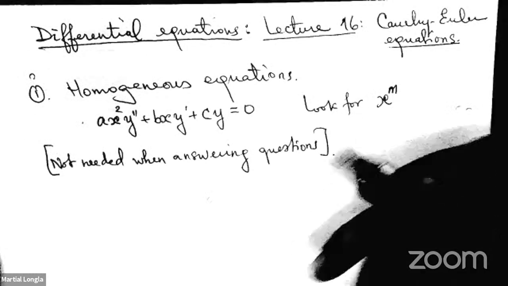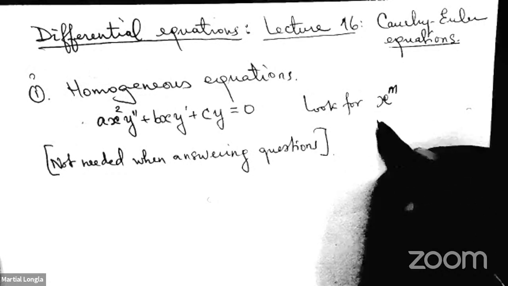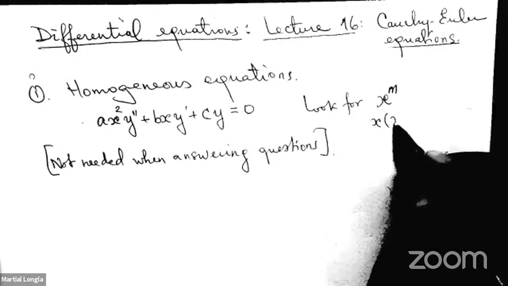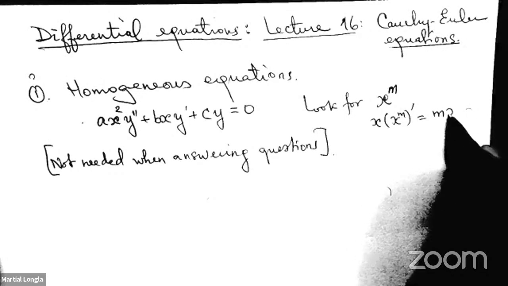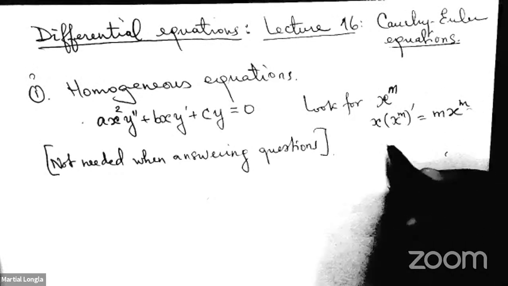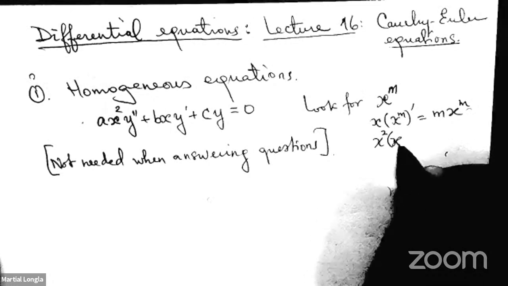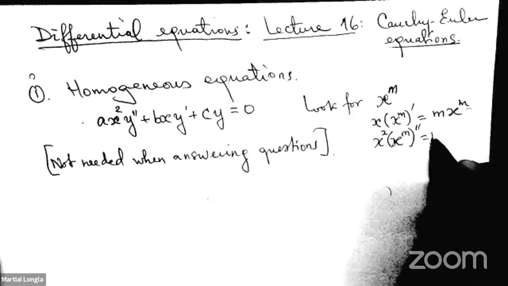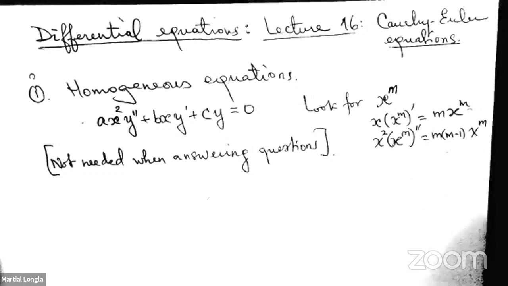So I said you need to look at x to the power m, and therefore x times the derivative of x to the power m is m x to the power m, and then x squared times the second derivative of x to the power m is m times m minus 1 times x to the power m.